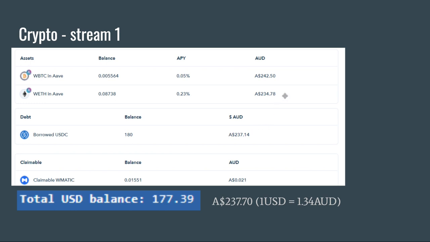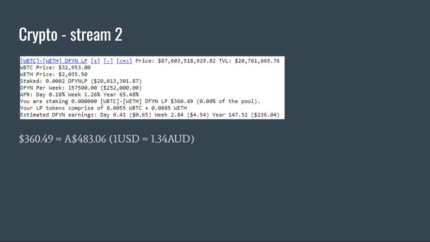So all up, I've borrowed this amount of USDC and then converted that into further Bitcoin and Ether, and then staked that onto the Curve finance platform for a total value of $237.70 Australian, using the current USD to AUD exchange rates. So I'll add these all up at the end just to show you where I stand.